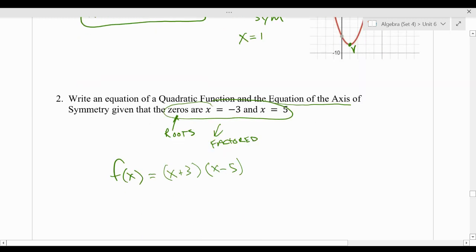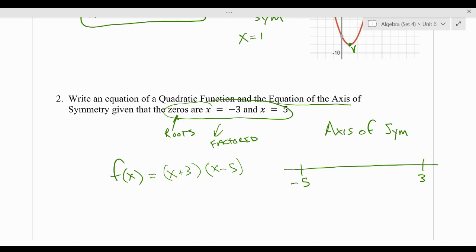Now, finding the axis of symmetry is a little harder with roots. But you guys are totally capable of doing it. What you have to do is make a number line and put from lowest to highest what your roots or your factored form is, right? So you have x is -5 and x is +3, right? And then what you have to do is find what's in between. I'm sorry.